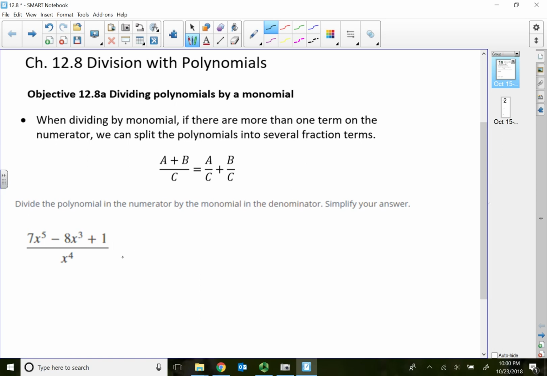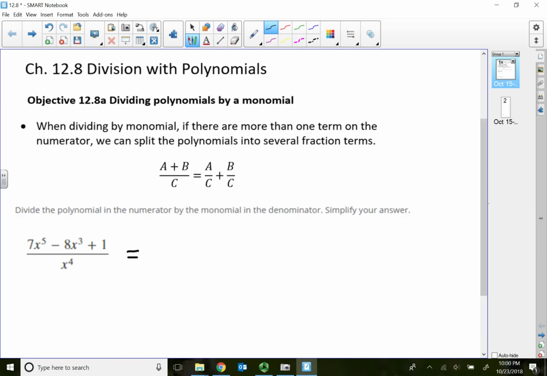Let me do this problem by writing everything out, and in the next example, I'm just going to do it by looking at it. Here, all three terms on the numerator share the same denominator. If the divisor only has one term, we can split up the numerator. So write 7x to the 5th over x to the 4th, minus, see this is minus, 8x to the 3rd over x to the 4th, then plus 1 over x to the 4th.